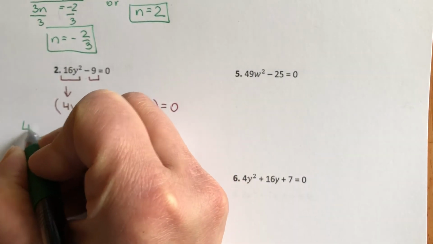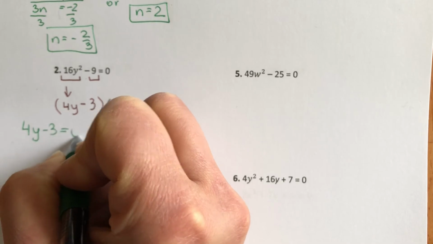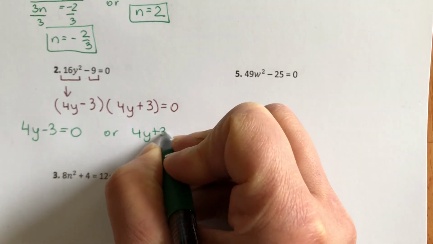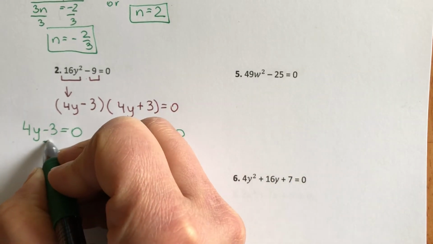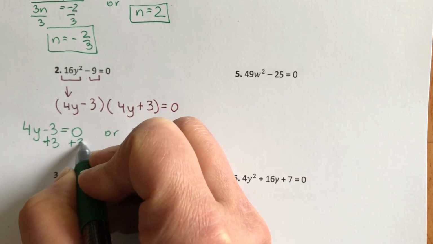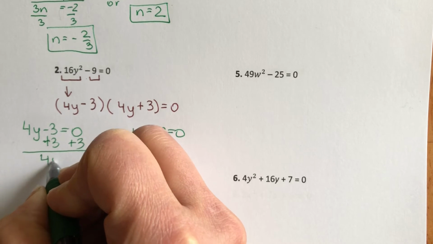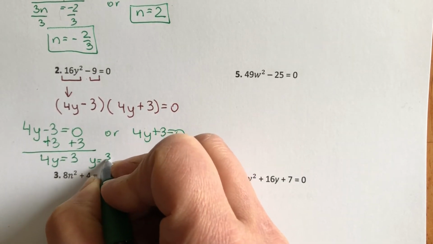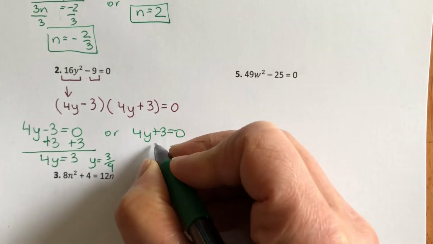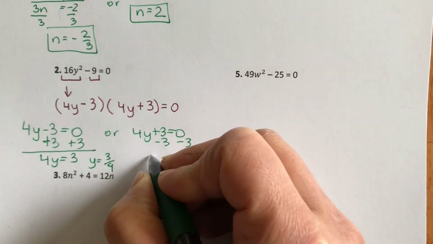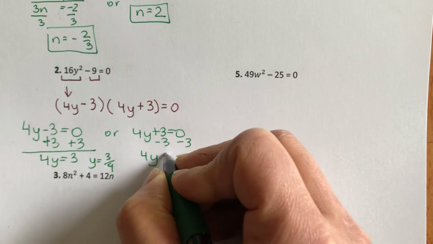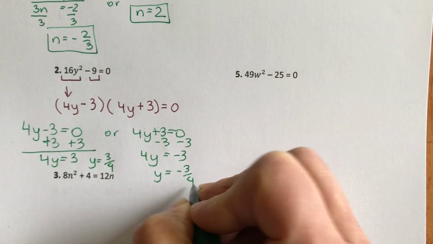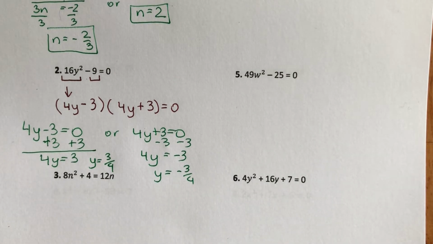So I will take 4y minus 3 and make it equal to 0, or 4y plus 3 and make it equal to 0. Move 3 on the other side. 4y is equal to 3, so y is equal to 3/4. Move 3 on the other side. So y is equal to negative 3/4. And now we are done with this one.